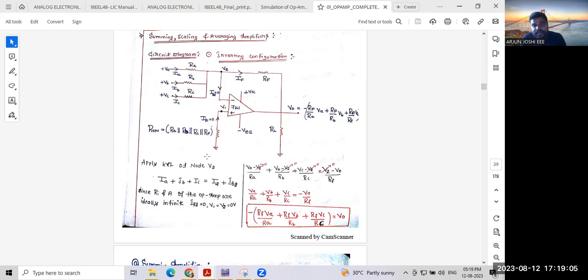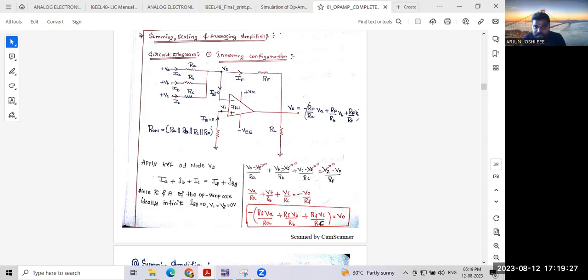By the V by R formula, plus VB minus V2 divided by RB, plus VC minus V2 divided by RC, equal to IF, which is V2 minus V0 divided by RF. What is V0? According to the virtual ground concept, V2 equals 0. We need to substitute 0 here.